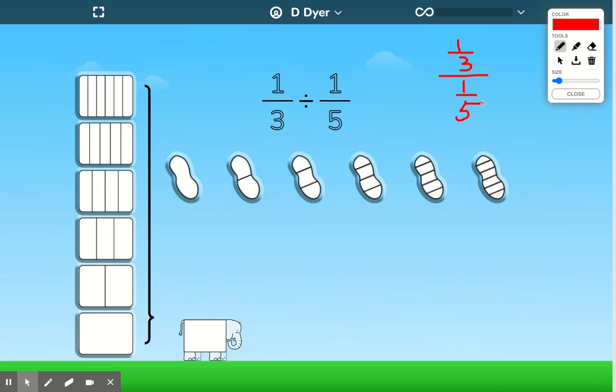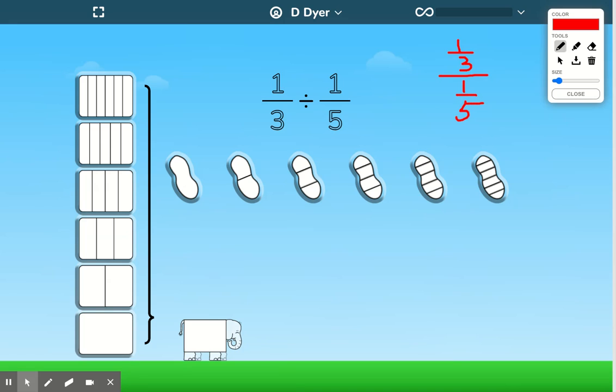So it's 1/3 of a batch per 1/5 of my family. So that per is the division. And that's where I think I get confused when we're doing this. But it works when we're using context and we're using the word per, which is division.